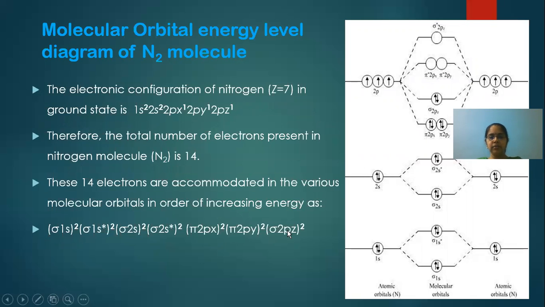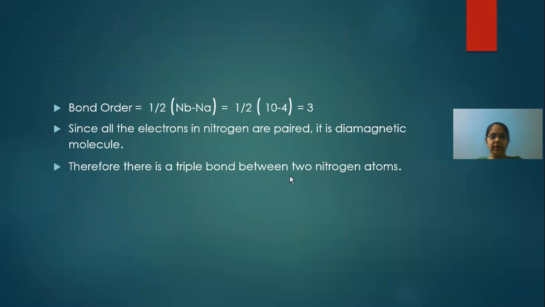So there are 10 electrons in bonding molecular orbitals, whereas the electrons in anti-bonding molecular orbitals are 2 plus 2, 4. So half into 10 minus 4 equals 3. That means 3 bonds are present between the 2 nitrogen atoms in a molecule. That means a triple bond. In that triple bond, one is a sigma bond and the other 2 are pi bonds.